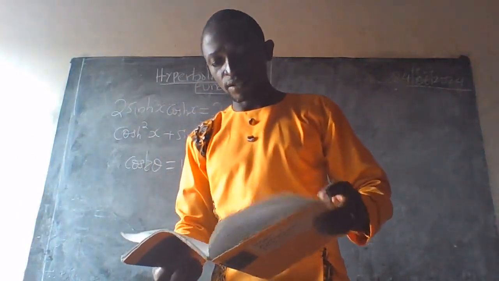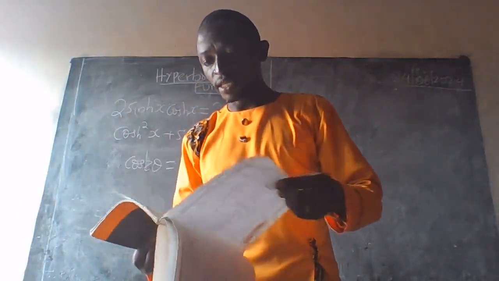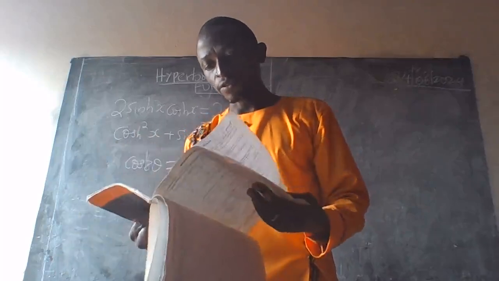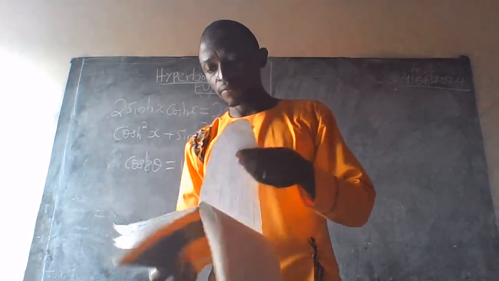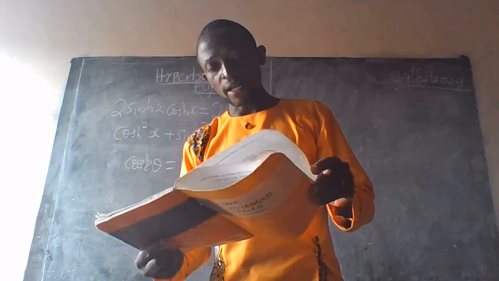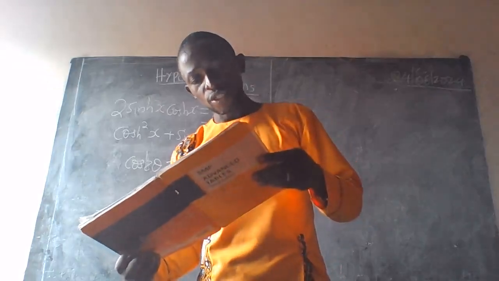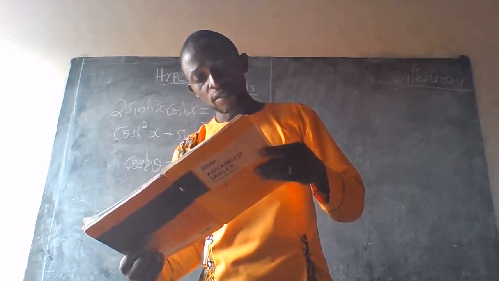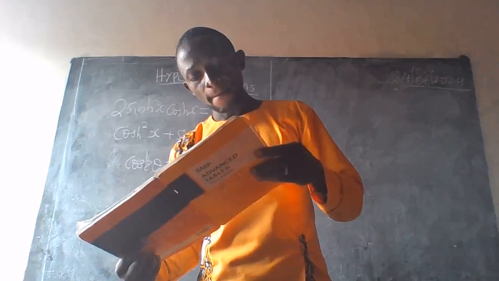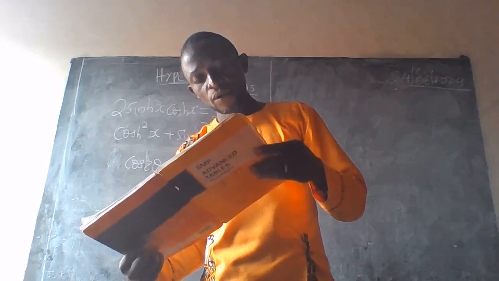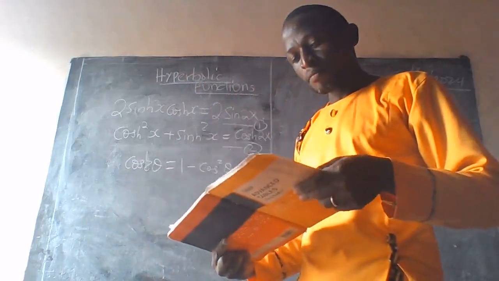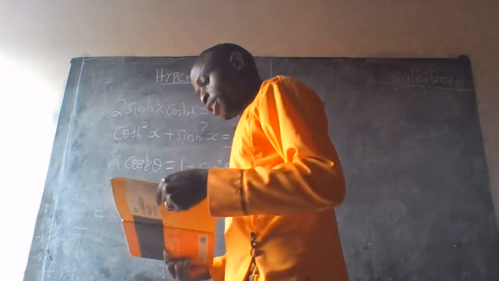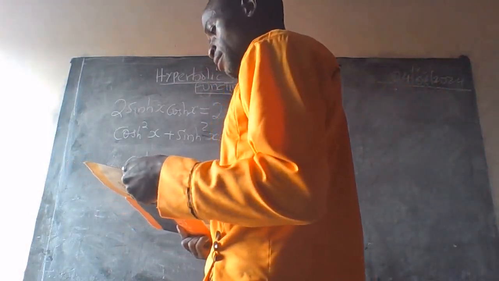The SMP reminds us all these things. I said there is no need for struggling. You always need just to open the SMP, and you have all of those particular identities right with you. So cos 2 theta is given by cos squared theta minus sine squared theta.